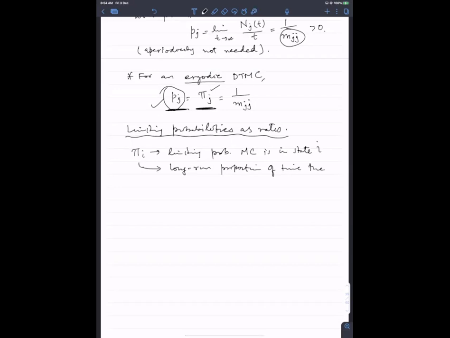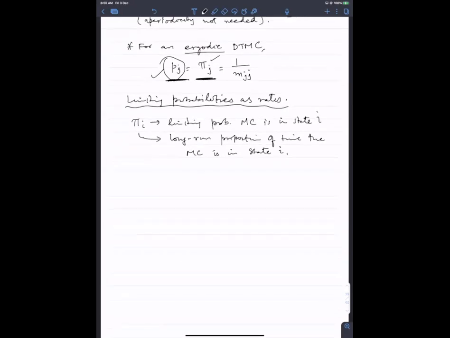The random process, the Markov chain, is in state I. If the Markov chain is ergodic, we observe that pi I into Pij is the rate of transition from state I to state J. So when do you transition from I to J?